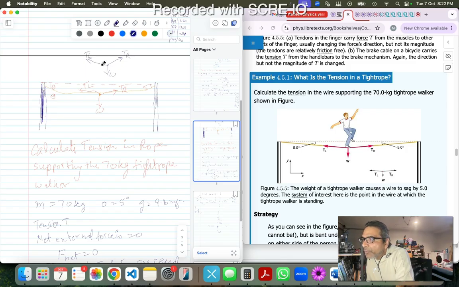Because of the angle, there are components acting this side and this side. So this is the TLX and this is TRX on this plane, and the perpendicular ones are the TLY component and TRY component of this arrow.